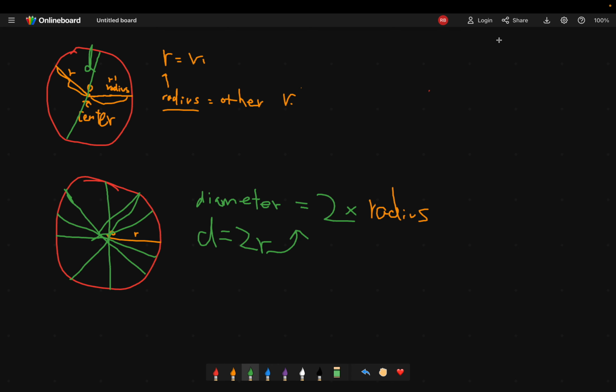So let's write a little symbol bank here. Symbol. We have R equals radius, and D equals diameter.